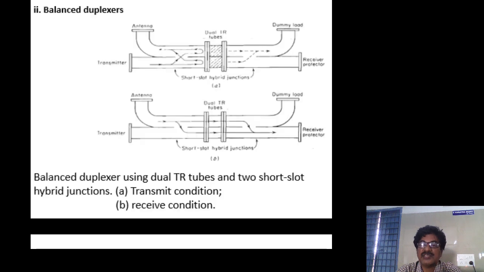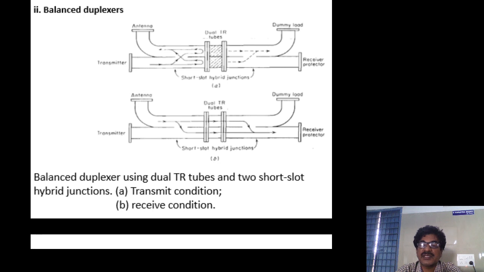Another one is the balanced type duplexer. The branch type we have seen previously is a very old model arrangement. Now, using waveguides, the balanced duplexer arrangement is shown in the slide. It consists of two waveguides side by side.